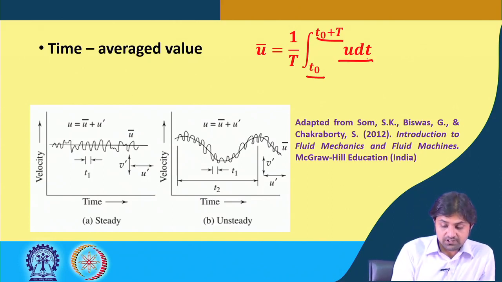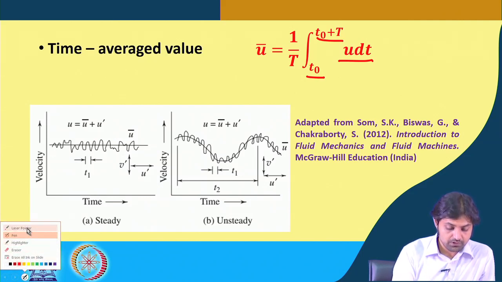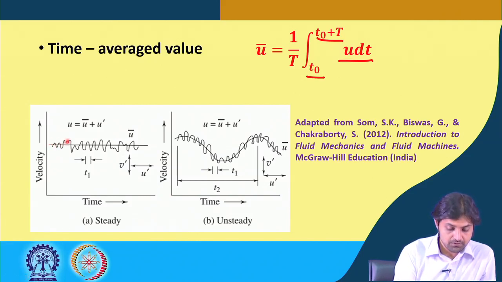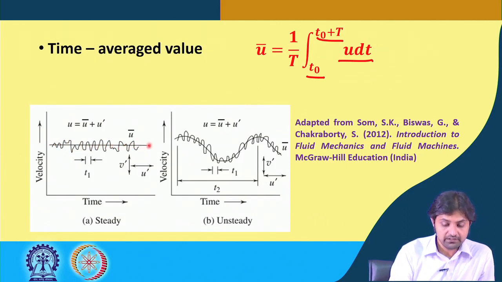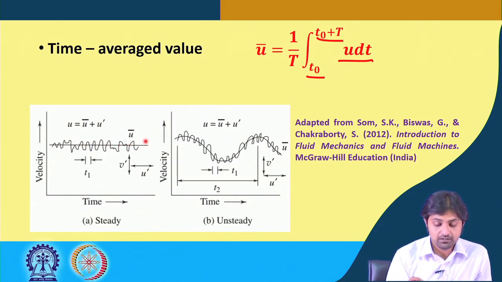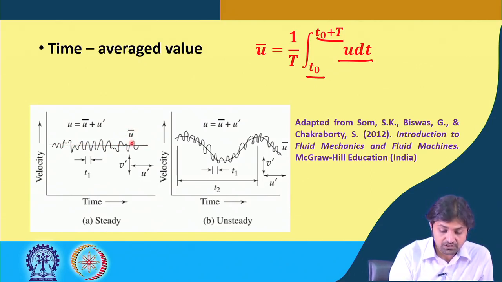Suppose this is a turbulent flow, this one here. I am going to use the laser pointer. So this is turbulent, like this, and by calculation, if we say this straight line here is u bar, then the deviation at any point is called the fluctuation.